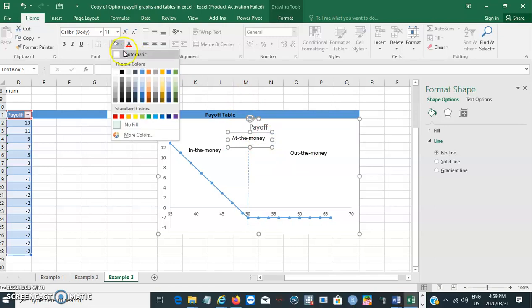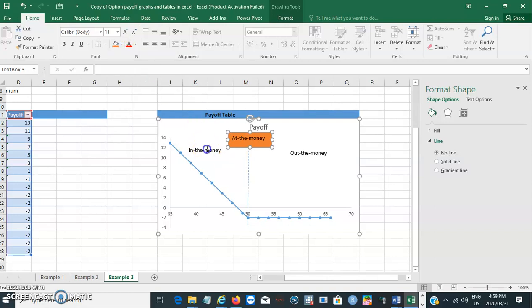Now you can look for a different color depending on your preferences, especially if you really want people to pay attention to this. This is too much now. Too much for me.